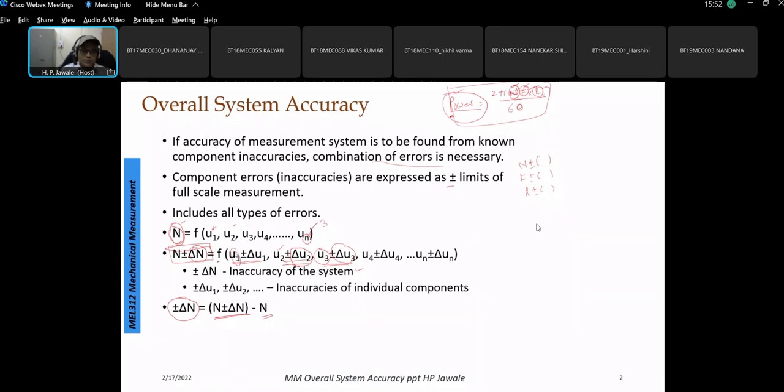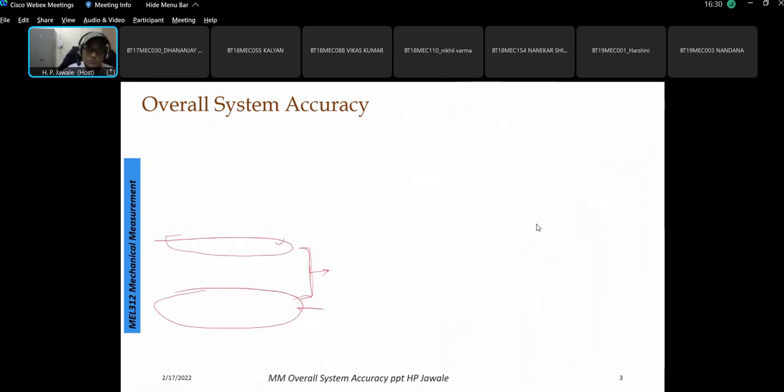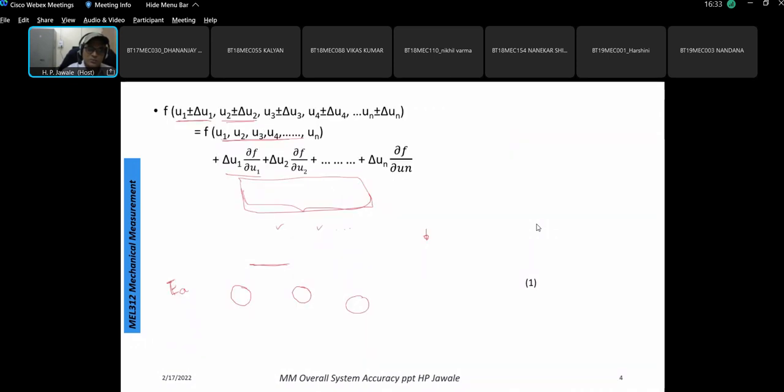That will be a function of the measurement of the first entity plus its uncertainty, and so on, where plus minus del n is the inaccuracy of the system, and del u1, u2, and so on are the inaccuracies of the individual components, right? So in the end we can find the total uncertainty, plus minus del n, equal to the final reading given by the system, or the readout, minus the measurement of the n number of elements.